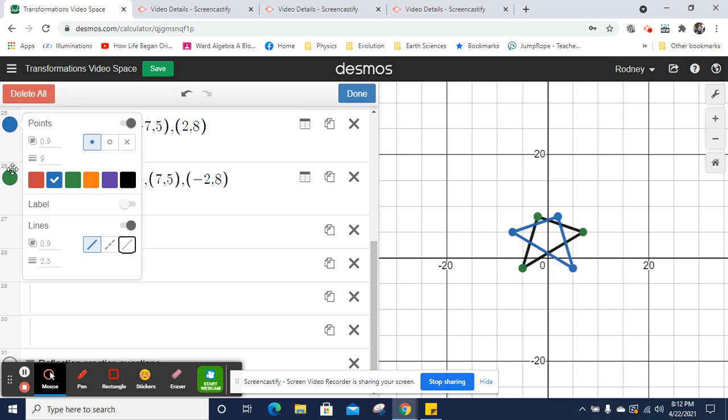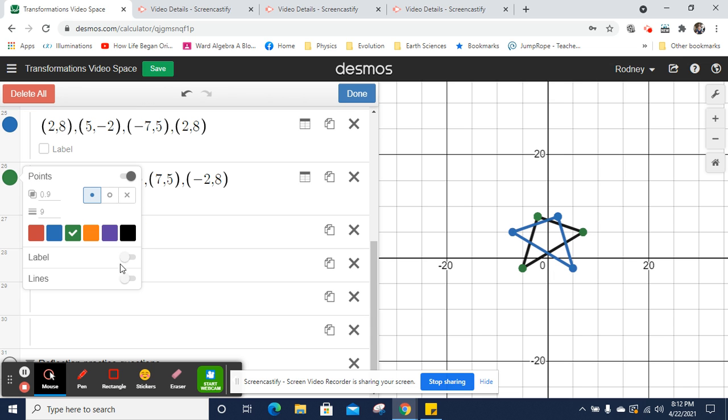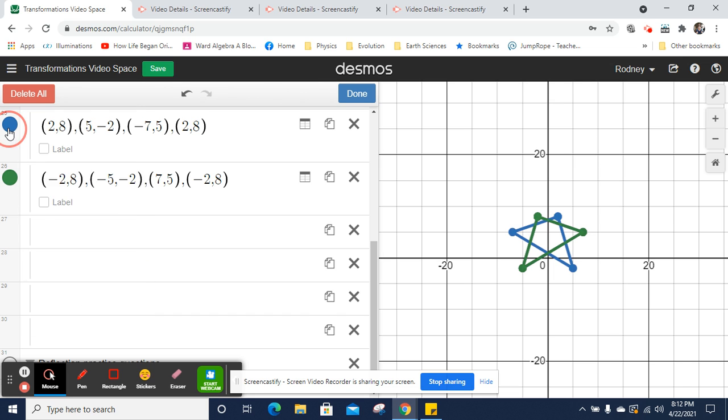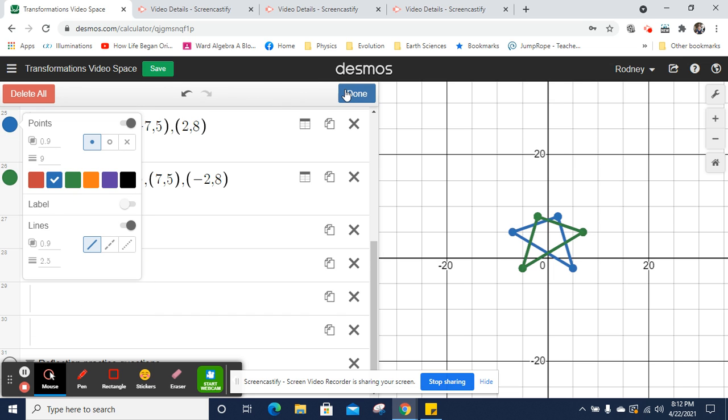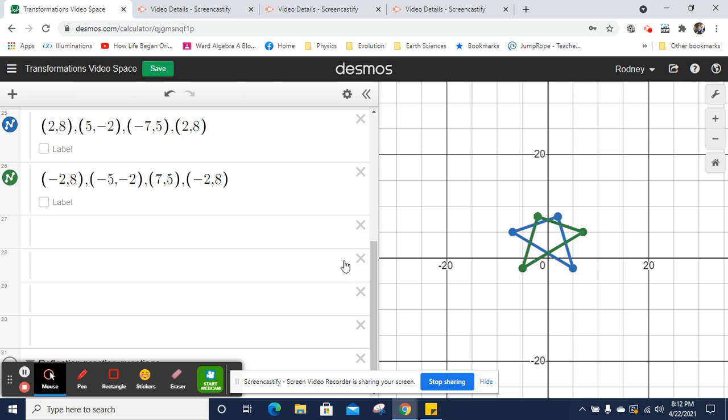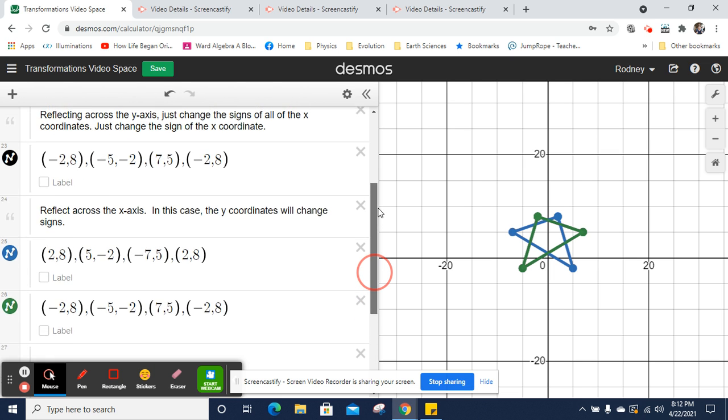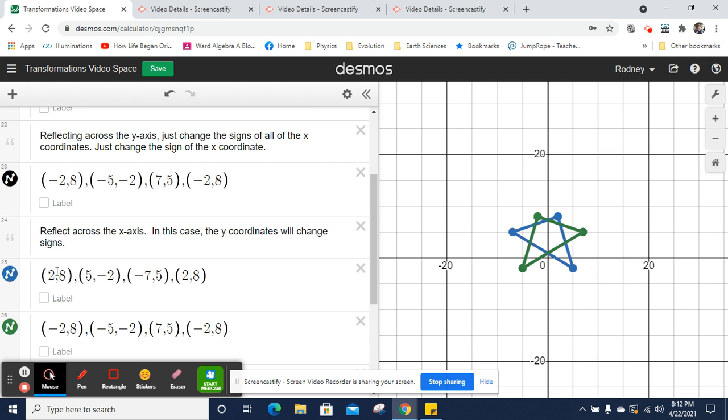Give it lines. Give this one lines as well. Make sure I gave that one lines. Yes, I did. Okay, so those will have lines. Now what I want them to do, I want this to reflect vertically across the x-axis, so the y coordinates will all have to change.